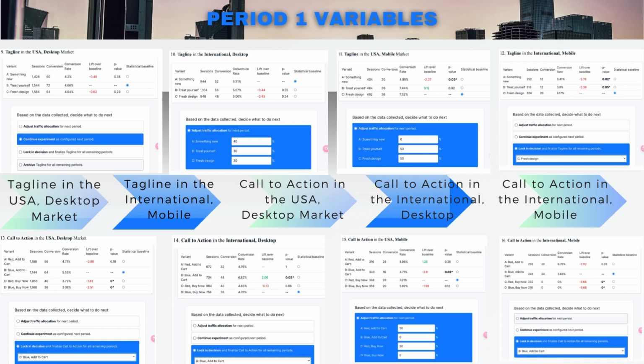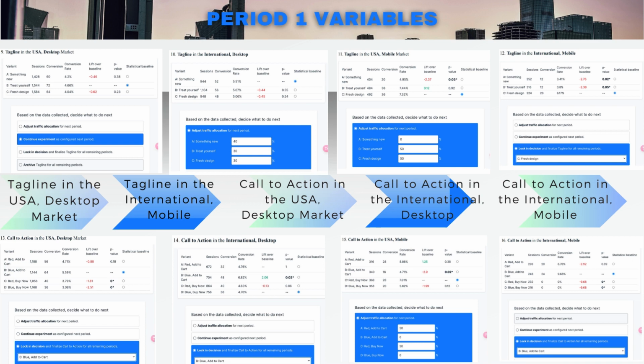And during this period, we're also looking to lock in some decisions like the tagline in the USA desktop market. So we keep this choice and continue our experiment. And the tagline in the international mobile, we think the fresh design is going to be the best attractive element for them.